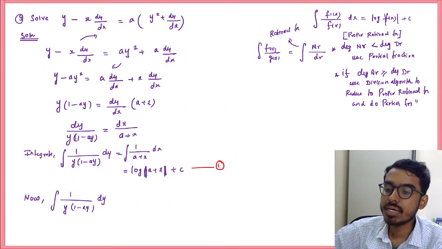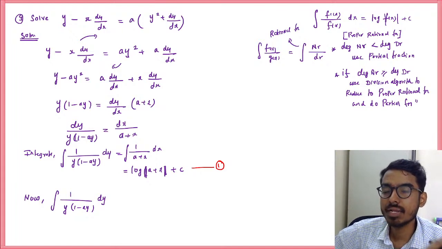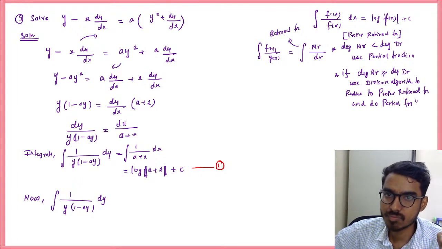So you just remember what is meant by a rational function, right? Whenever you have f of x by g of x, that is rational function. Proper rational function means degree of numerator should be strictly less than degree of denominator. In that case, you can directly integrate by partial fraction, or by using the formula integration of f dash of x by f of x is log mod f of x plus c.